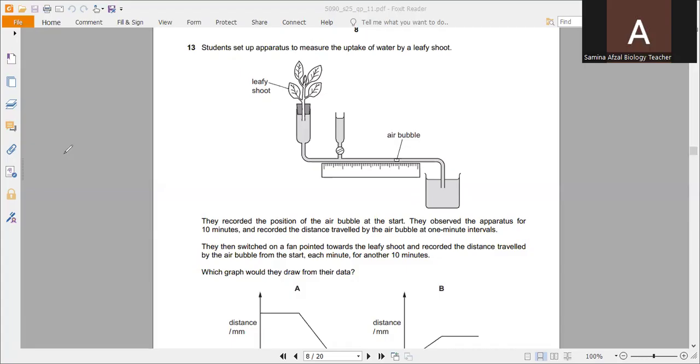They observed the apparatus for 10 minutes and recorded the distance traveled by the air bubble at 1 minute intervals. Then they switched on the fan pointed towards the leafy shoot and recorded the distance traveled by the air bubble from the start each minute for another 10 minutes. Which graph would they draw from their data?